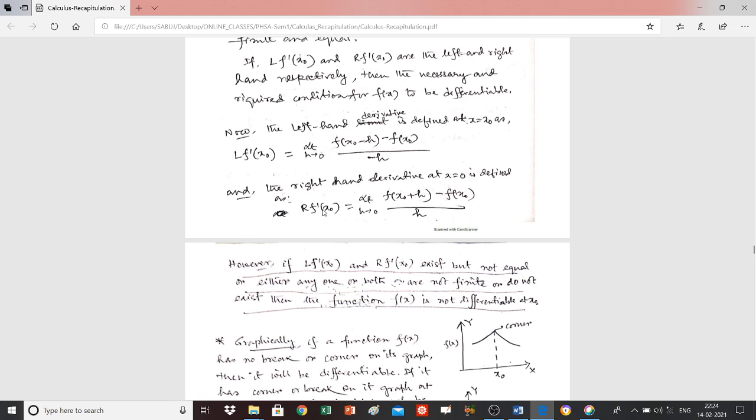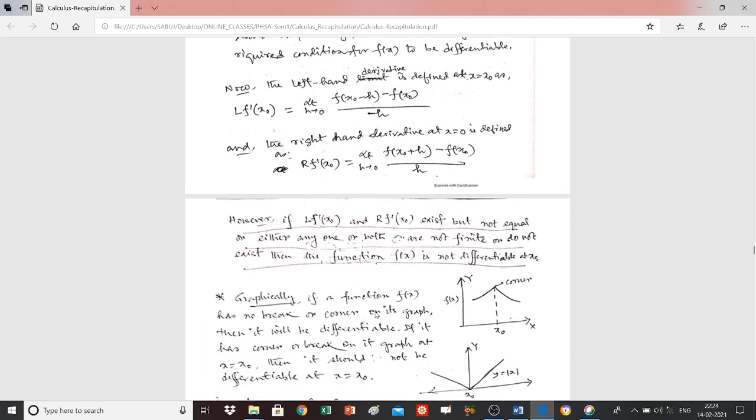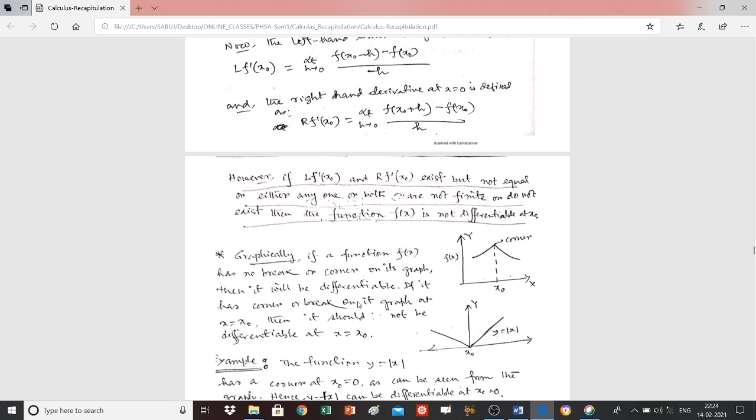But if they are not equal to each other, or they do not have finite values, then the function is said to be non-differentiable at the given point. And graphically it can be represented in such a way that if a given function is plotted on a graph and it has a corner on it, that is on the graph.